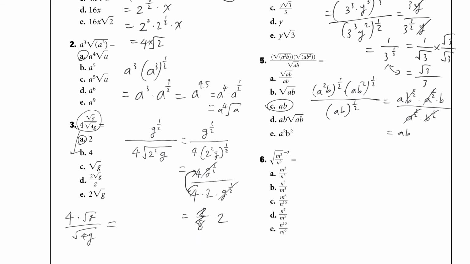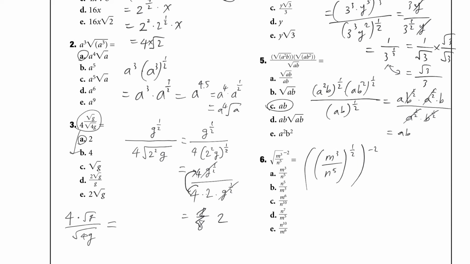Question number 6. This time, what do we have here? So we have square root of m cubed over n to the power of 5, and all of that to the power of -2. So what I'm going to do is I'm going to rewrite it as we normally do. So this times power of 1/2, and then on top of that we have another -2.